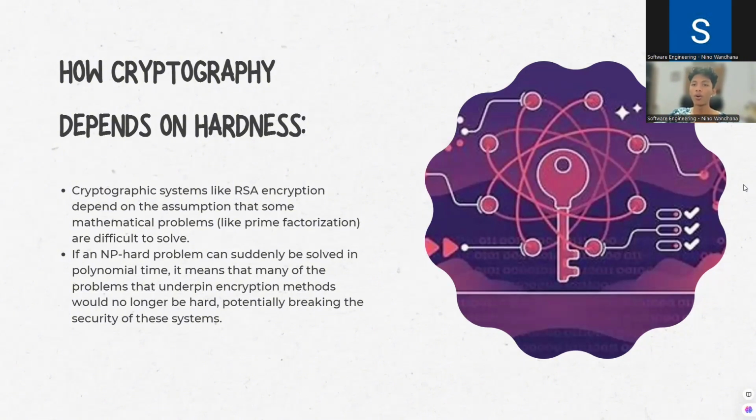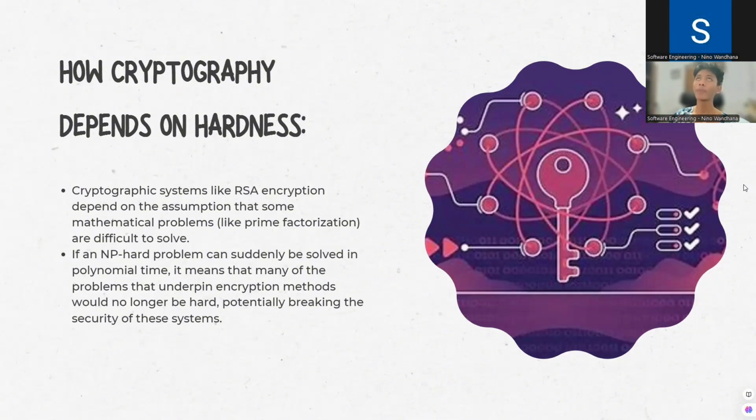Now, why are hard problems essential in cryptography? In cryptographic systems like RSA encryption, it depends on the assumption that solving specific problems such as prime factorization is computationally hard. This hardness is what makes encrypted data secure, and without this, attackers could easily decrypt sensitive information.